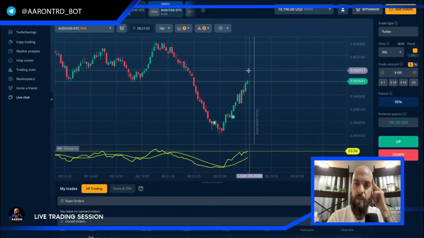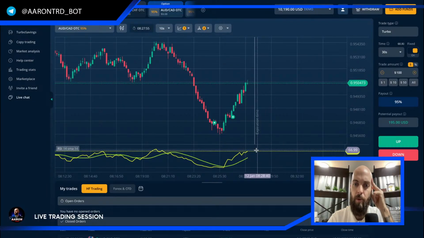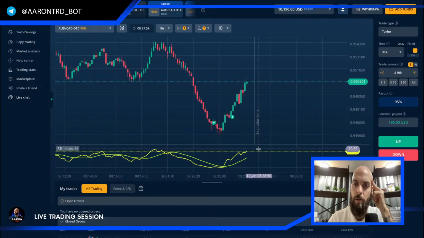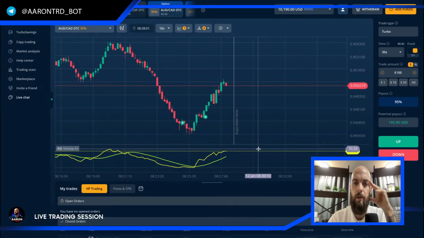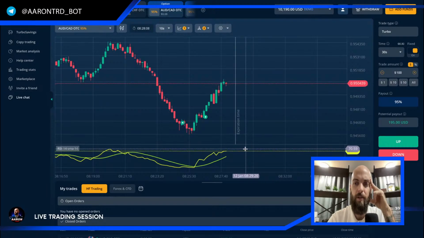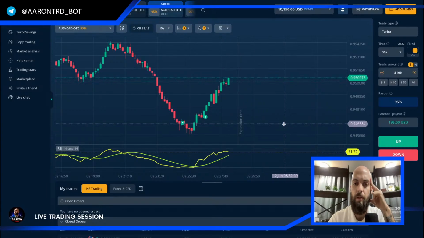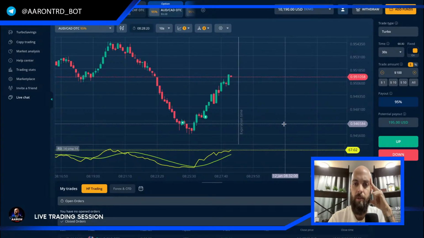So we need price to get higher while momentum breaks 70 and breaks lower. Okay, may not reach 70 here, we're pretty close. If we get a signal and momentum looks like it's down pretty much, I think we'll be safe.